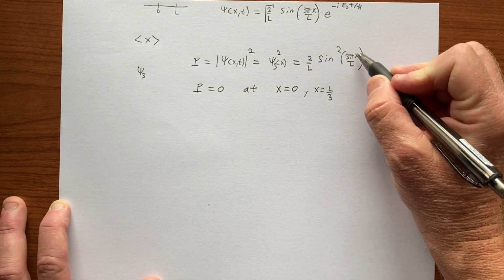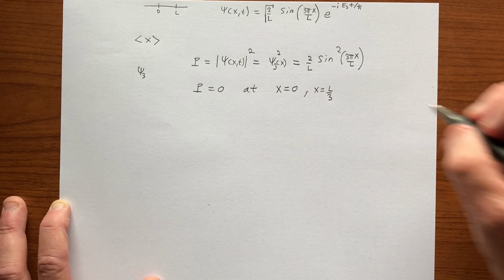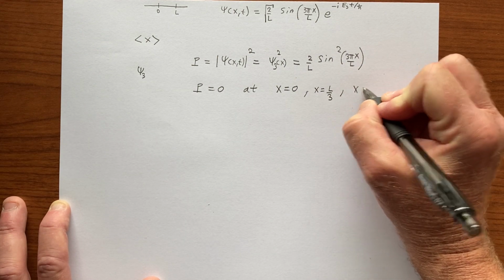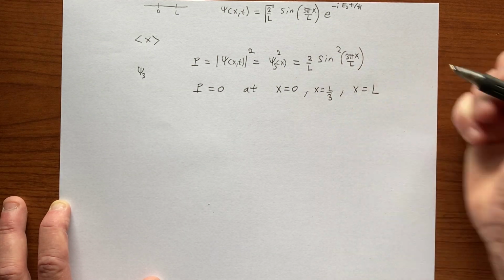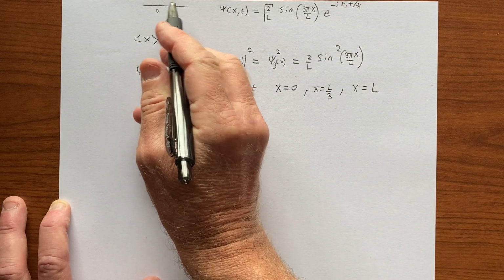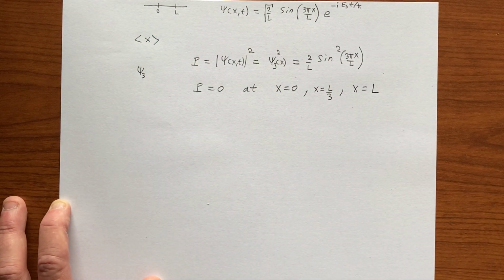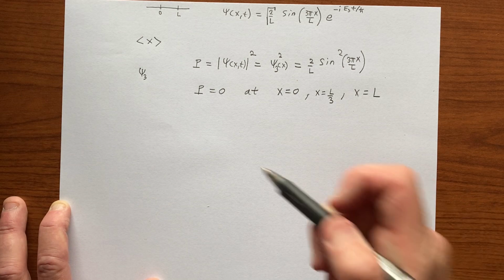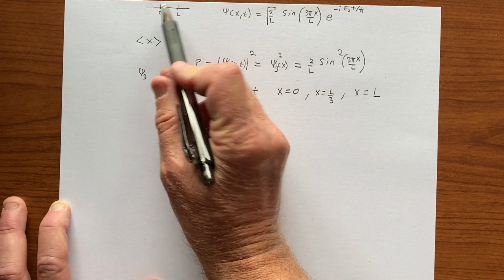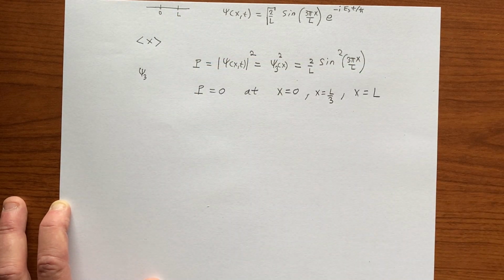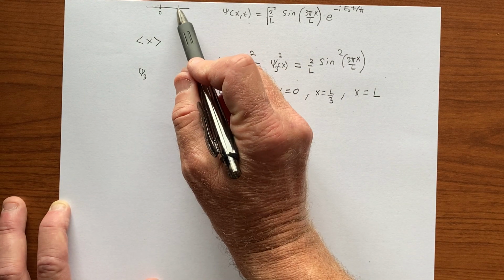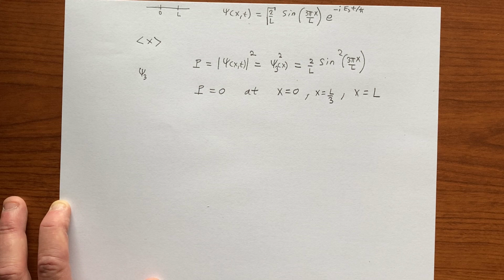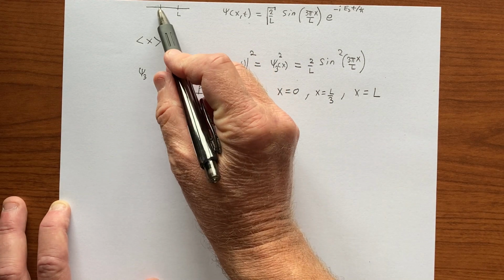We get pi, sine of pi is 0. And at x equals, of course, L. Right, 0 and L, it's obvious that the particle will not be found there. Those are the extremes of the region where it can live. So it can't be found here and here because the function has to go to 0 there. And so does the probability density.